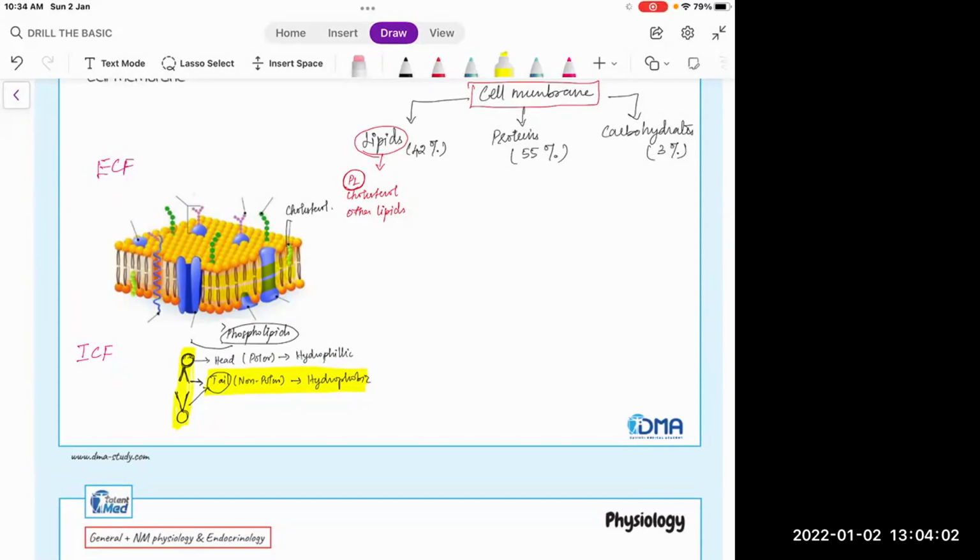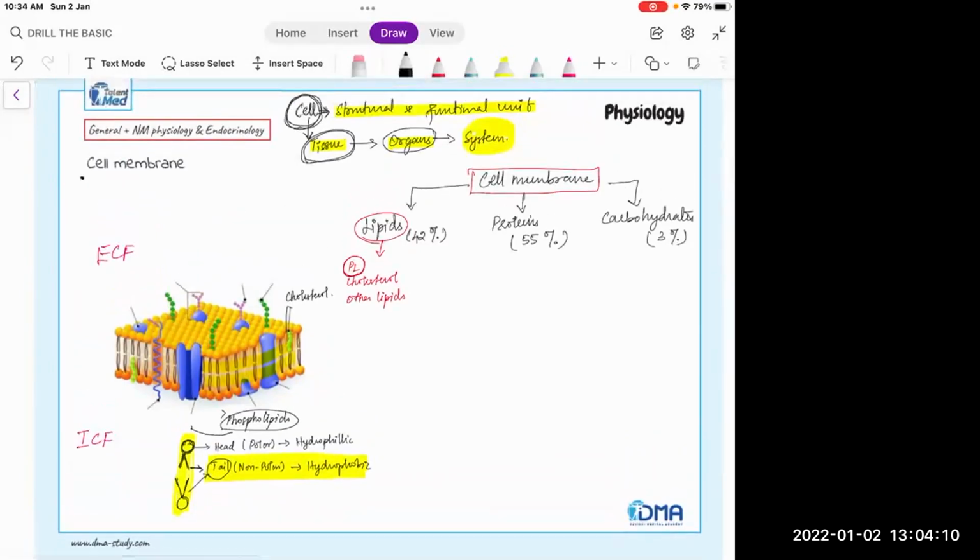Okay, and this is the one which is giving you the structure of the phospholipid as the structure of the cell membrane. You call it the fluid mosaic model. And you also call this the sandwich model of the cell membrane.